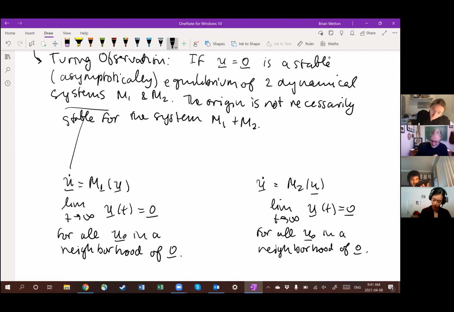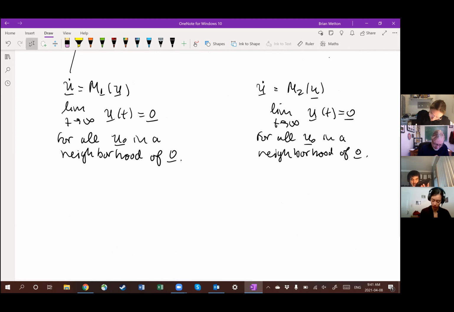So if I look at the whole class of such M1 and M2, I'll say there are examples. Of course, there's a whole bunch of M1s and M2s where you add them together, it's also stable.